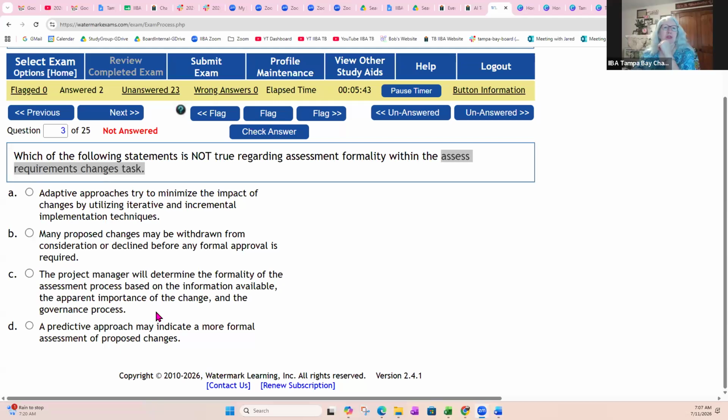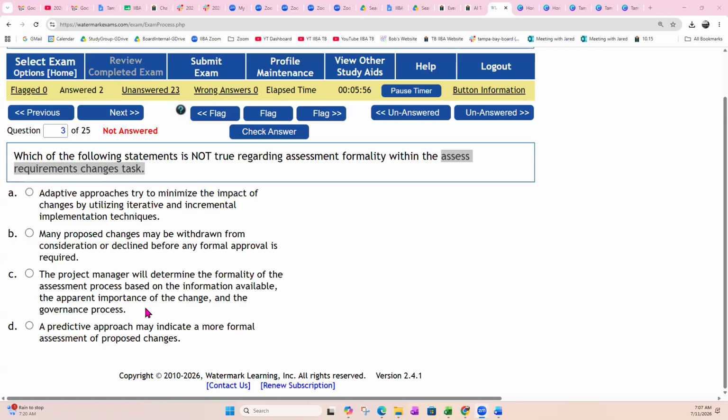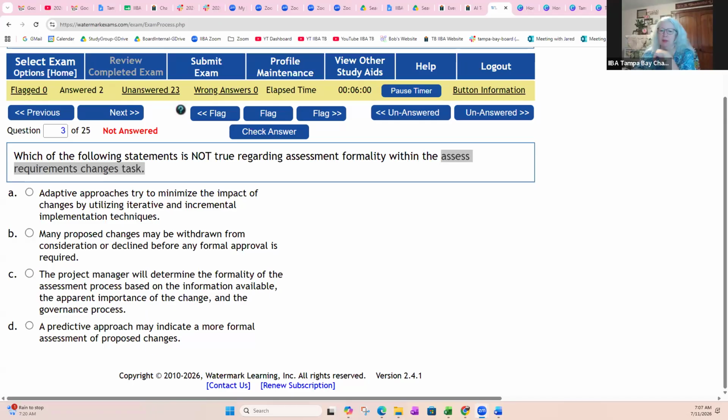The project manager will determine the formality of the assessment process based on the information available and apparent importance of the change and the governance process. Is that one true? I would say true. And the predictive approach may indicate a more formal assessment of proposed changes. Is that true?